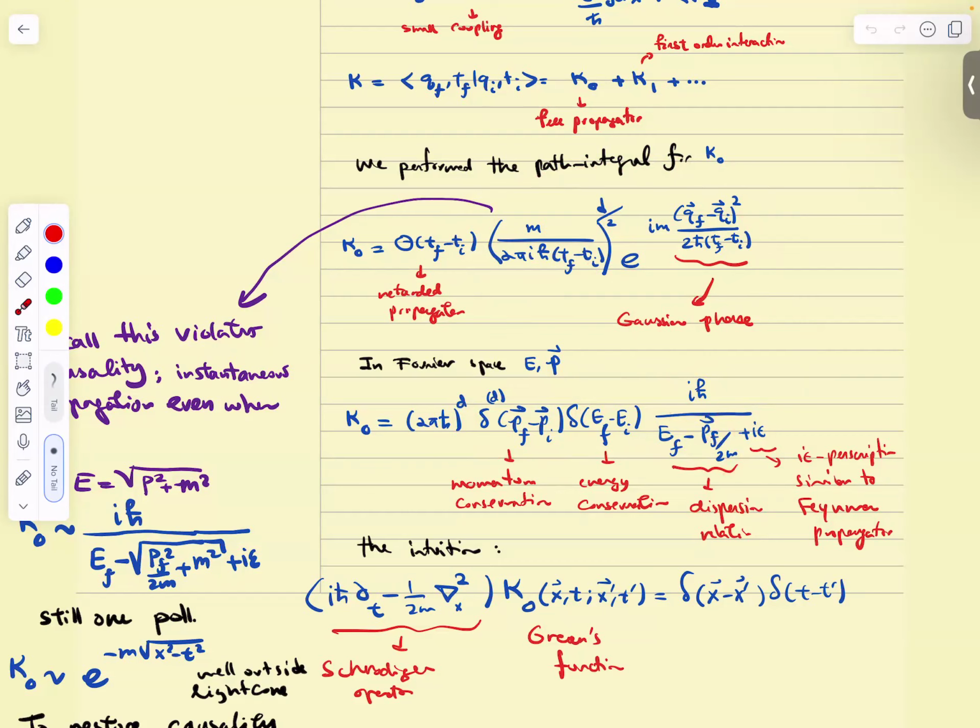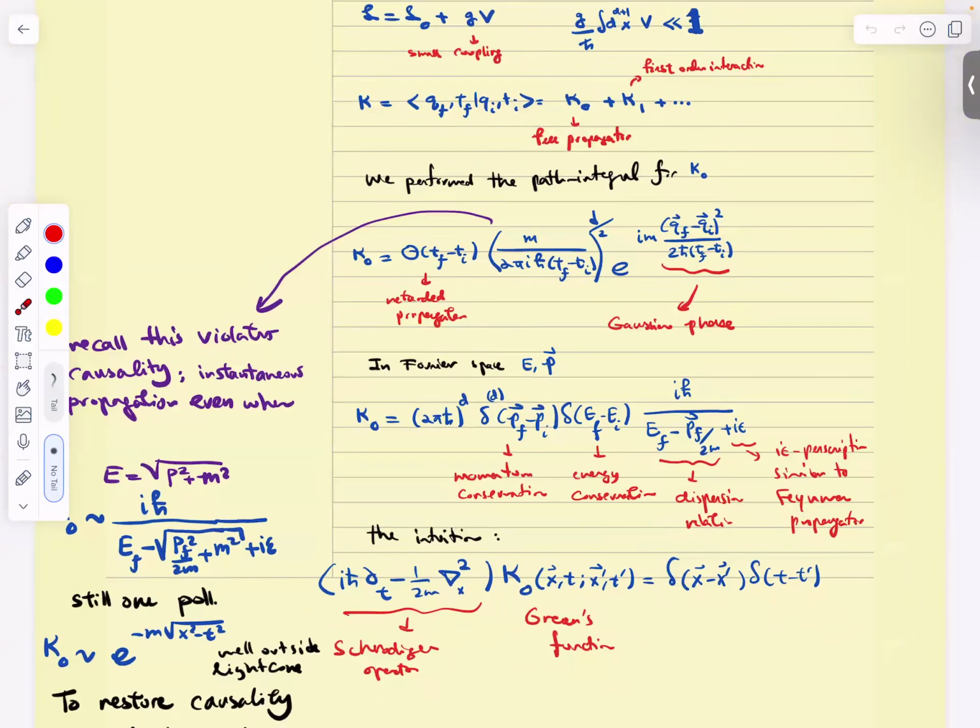This is basically the Schrodinger operator in Fourier space. That's exactly what it means to say that the propagator is the Green's function for the Schrodinger operator, right? So these Dirac deltas, I said that. All right.